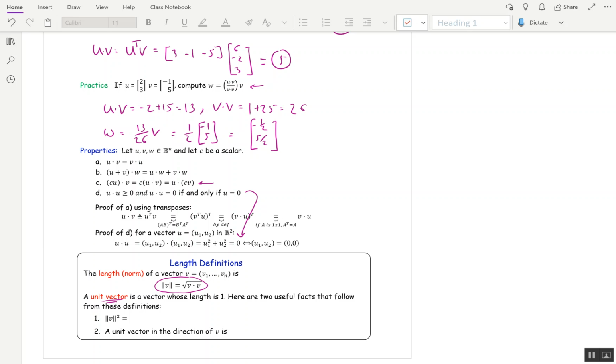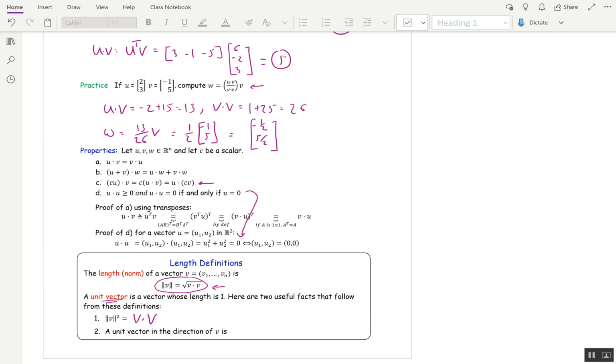So back to what I was saying before, this formula has a square root in it. Sometimes we want to square both sides and just write that formula as the length of v squared is v dot v. Sometimes it's more convenient to compute the length of v squared than it is the length of v, because then we can avoid the square root.